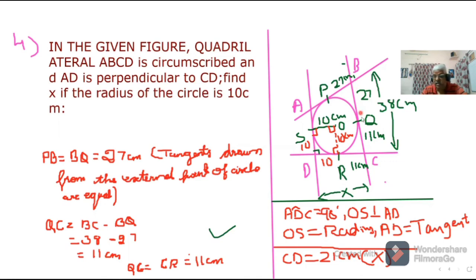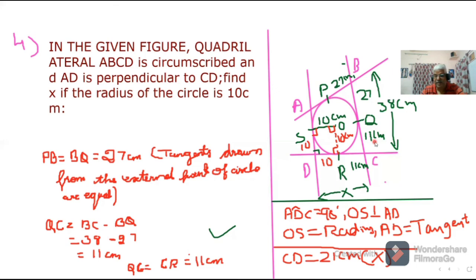Therefore, BQ is also 27 centimeters. This is the first stage. Next, second one, BC measurement they given 38 and we found that this BQ is 27, and 38 minus 27 gives you 11 centimeters. That is the measurement of QC.